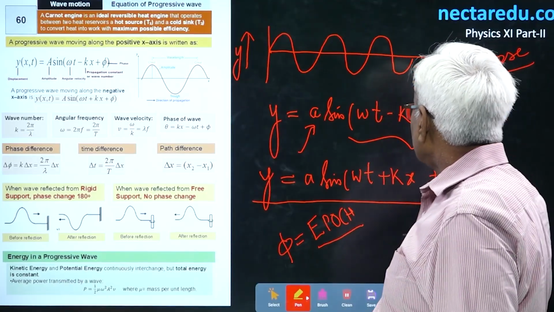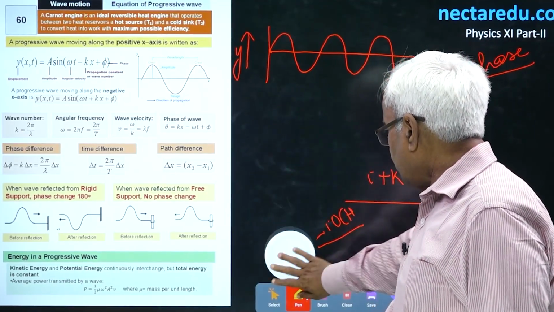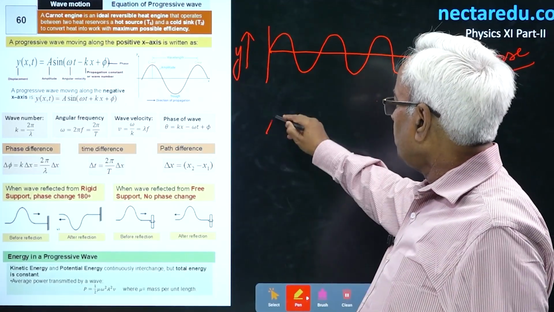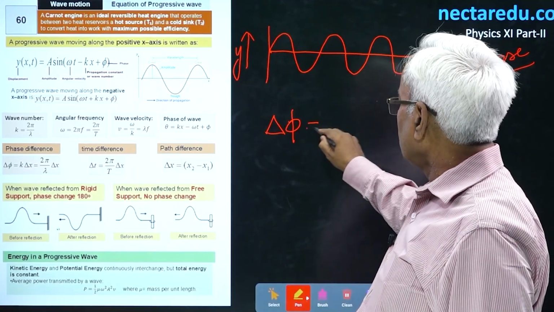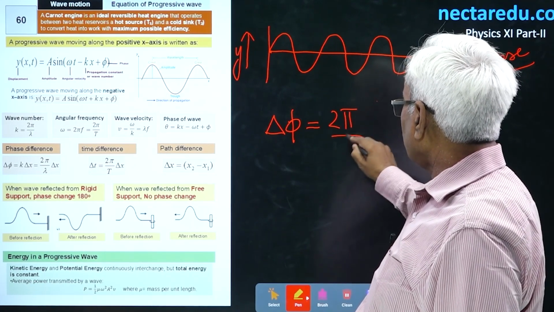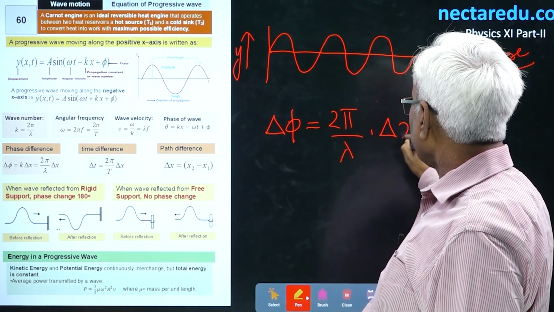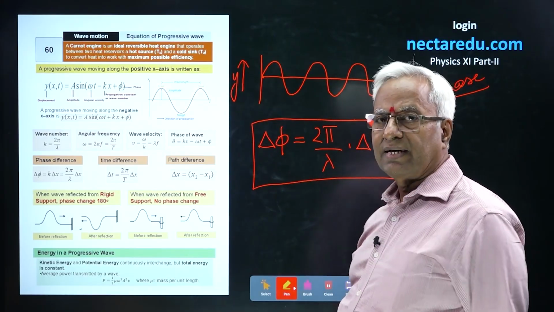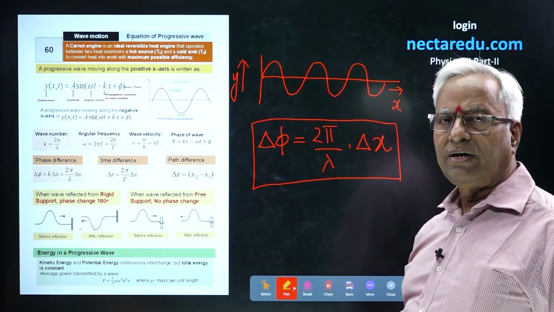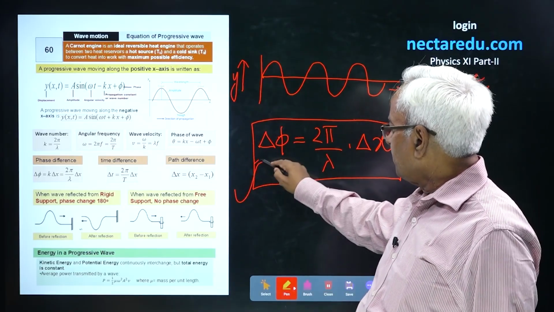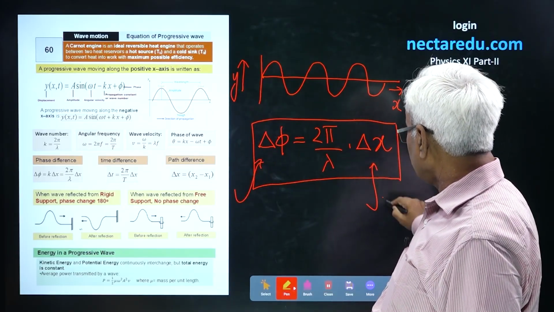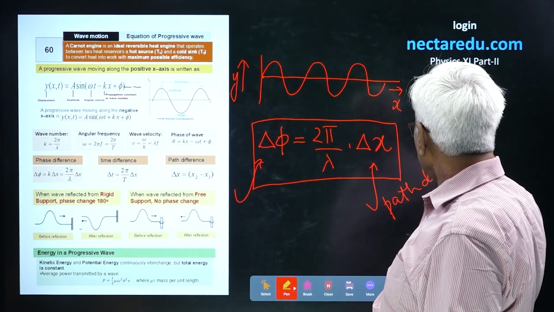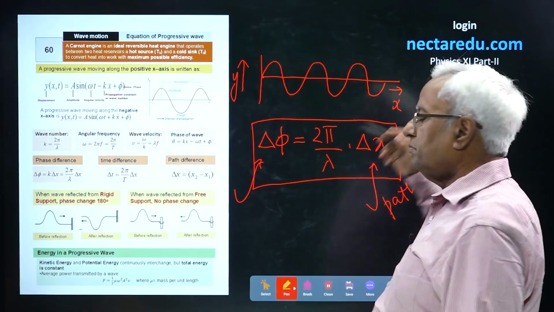Then if there is phase, obviously you will come across phase difference also. Phase difference could be given in two ways. One method is in terms of path difference. Phase is an angle, and the SI unit for angle is radian, so this will be measured in radian, and here Δx is path difference, measured in meter.